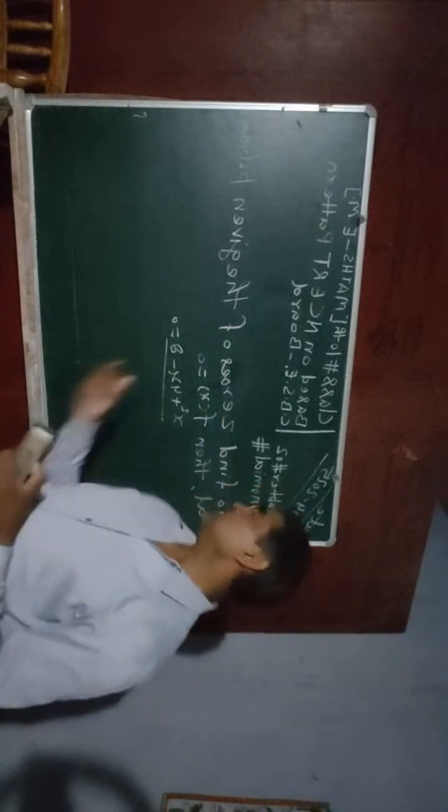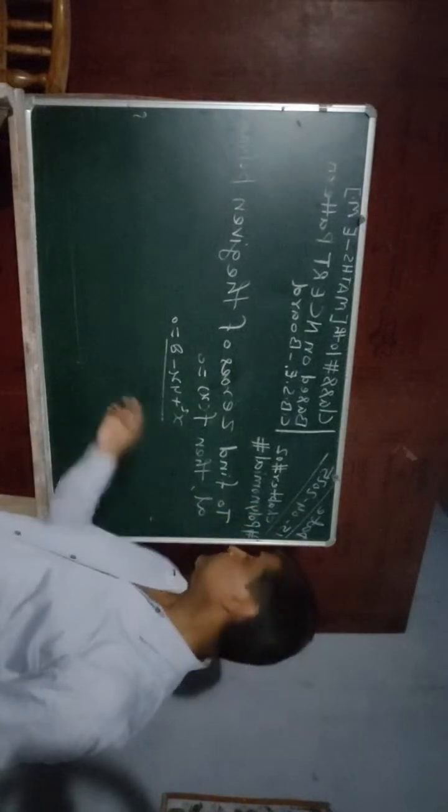Okay, students, I am going to erase this one. Now this is a quadratic polynomial, and I have to factorize it into linear form, and then we will get its value.